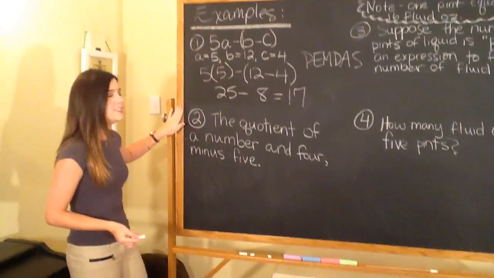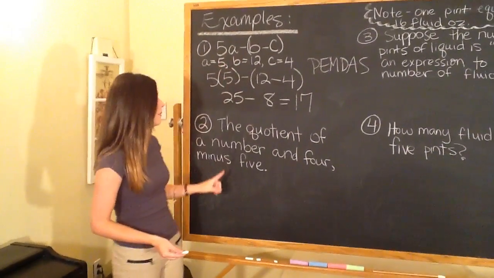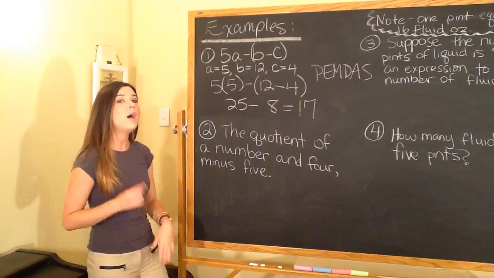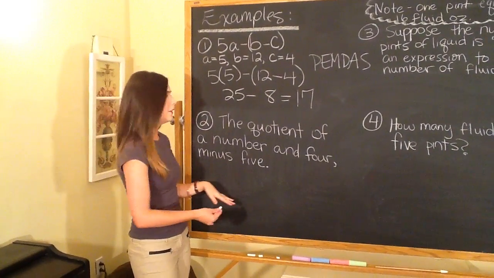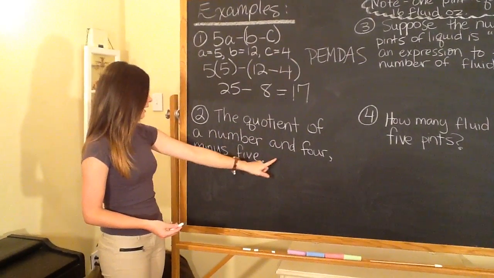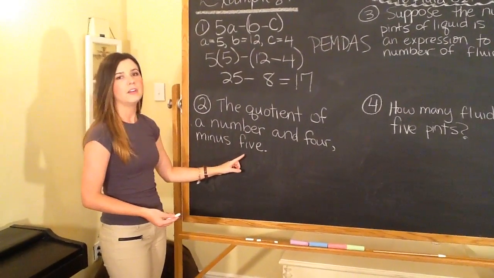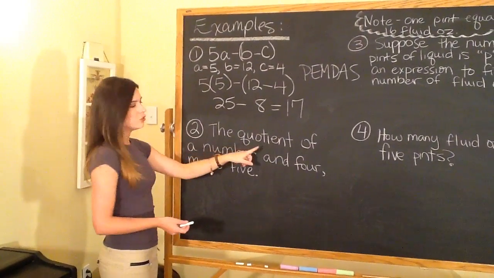Now, number 2 is going to be a little bit different. In the first one we plugged in numbers and solved, but this one we have to come up with the algebraic expression. That tells us we need to put words into numbers and variables. It says the quotient of a number and 4 minus 5. What does that look like as an algebraic expression? Let's look at some special words first.